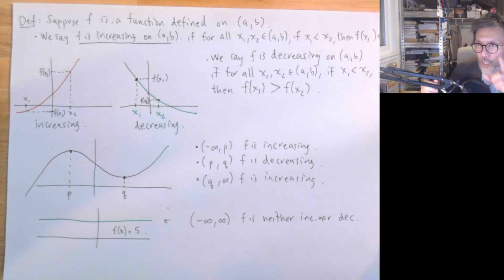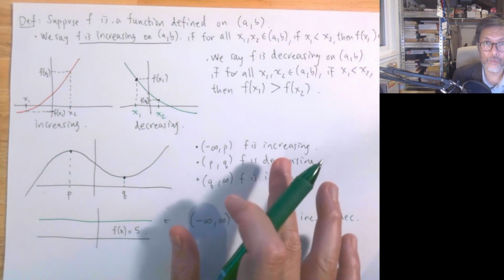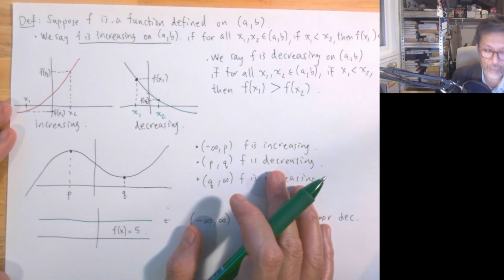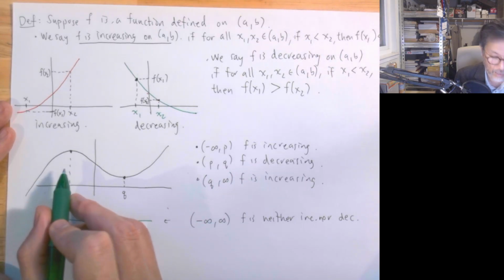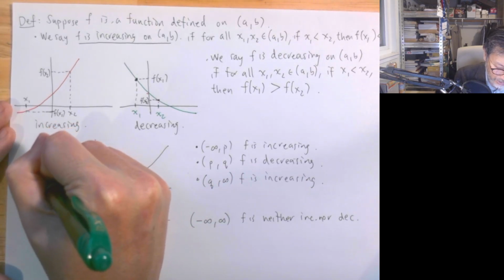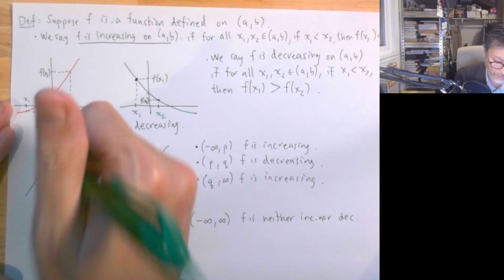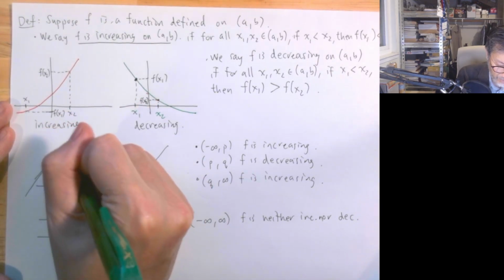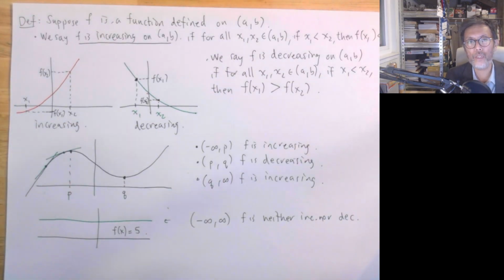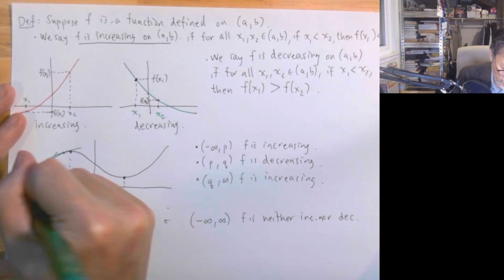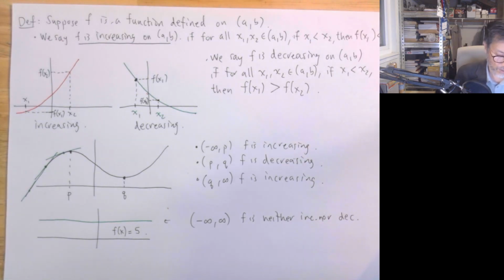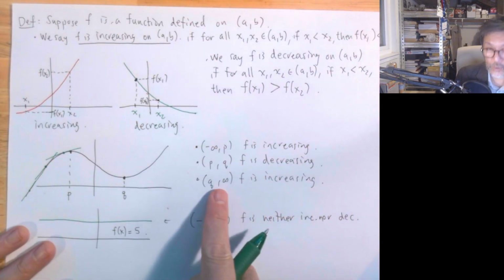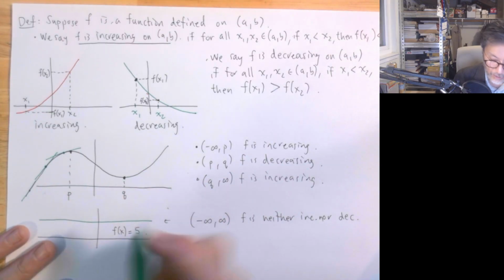Why? Because I want you to notice something about the intervals on which f is increasing and decreasing. Let's look at this interval from negative infinity up to p for this function. Do you notice that when we look at the tangent lines to this function, there are all sorts of different tangent lines, but they all have something in common. They're all positively sloped lines. Look over here on the interval from q to infinity where we said f was increasing.